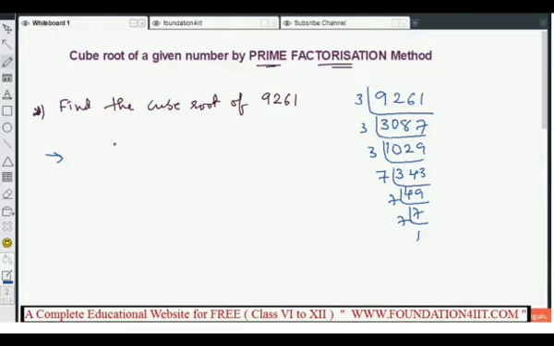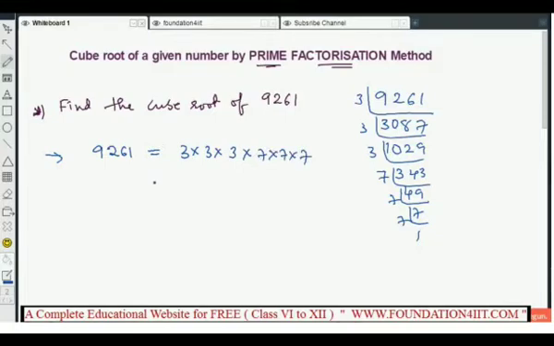Now the second step is to make groups in triplets of similar factors. So 9261 is the product of all these prime numbers: 3 into 3 into 3 into 7 into 7 into 7.